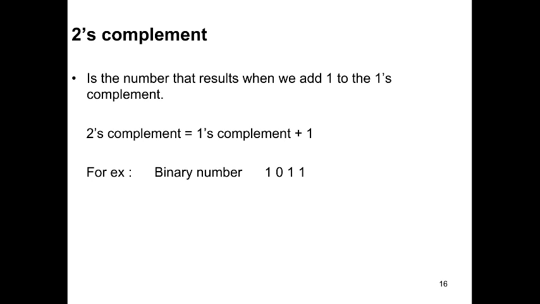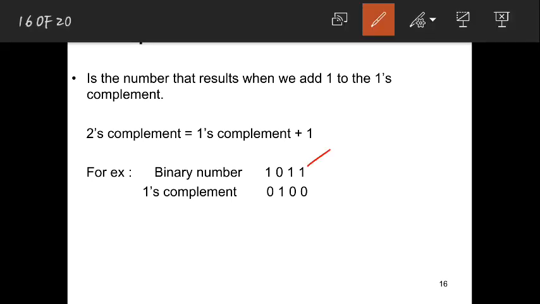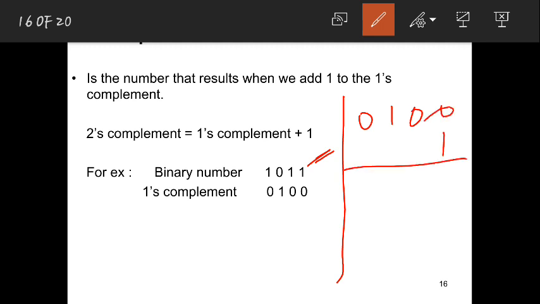You just see this example and you will understand clearly. I made a slide very clearly for positive and negative numbers. This is the given binary number, and I wanted to make its 2's complement. 2's complement means first I should do the 1's complement, that is 0 0 1, then add 1, so I get 0 1 0. This and this are not the same, so never think that whenever you do 2's complement you'll get back the original number.